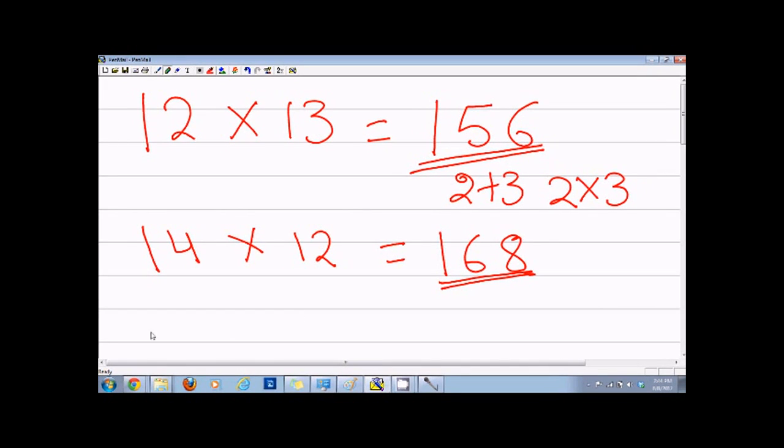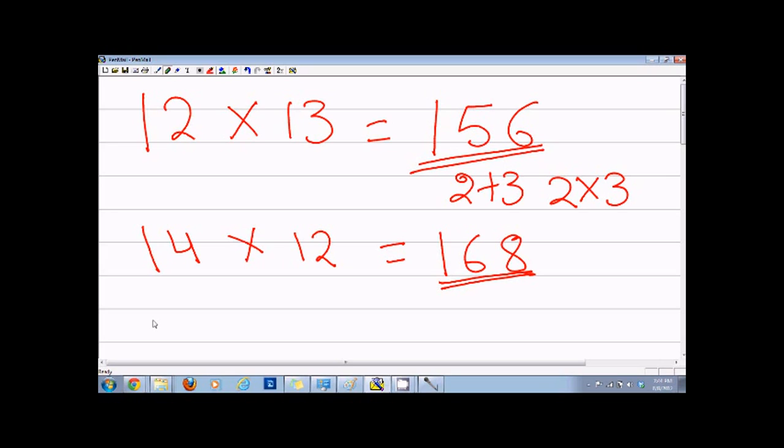Now there is one problem: if we multiply the digits and it's not a single digit but a two digit number, then we would have to look at the trick.